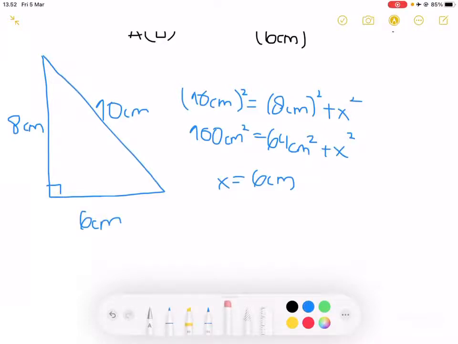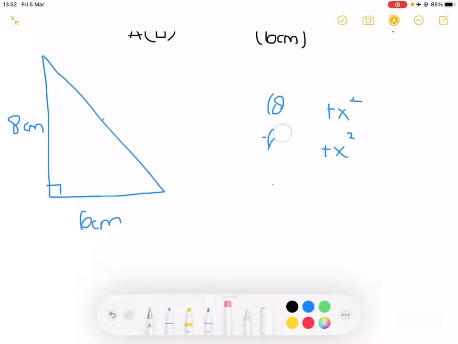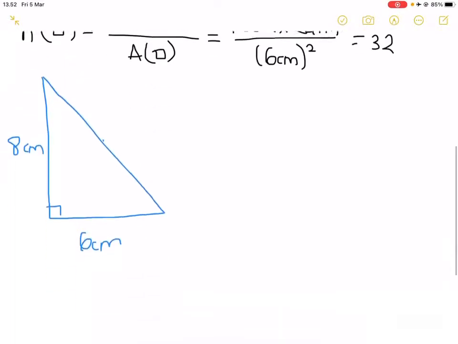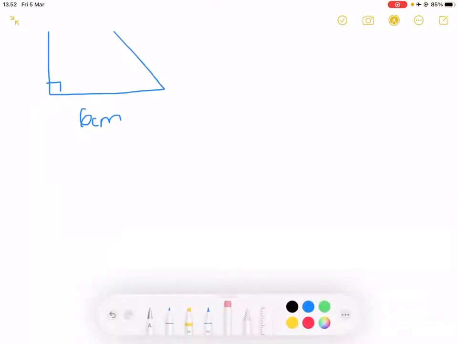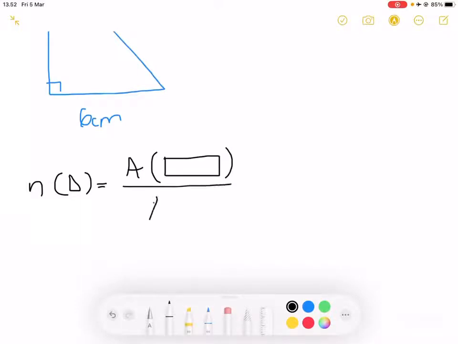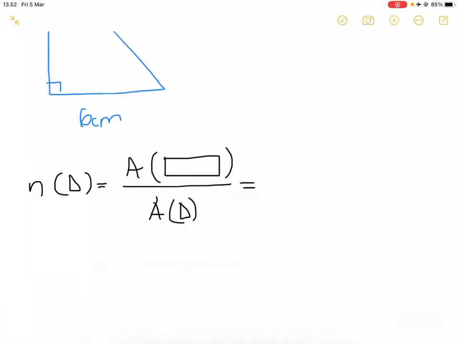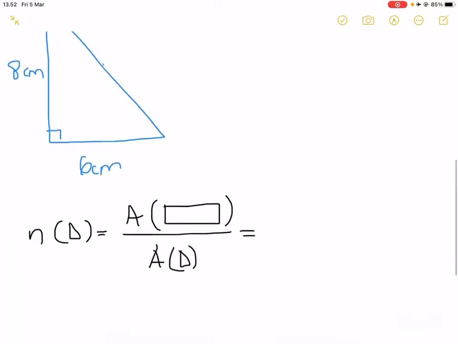And we're not going to use this 10 centimeters anymore, so we can just erase that, because what we're going to do is calculate the area using the same strategy as we've done above. So in this case, the number of triangles that you can cut out from the bigger rectangle will be the area of the big rectangle over the area of a single triangle.